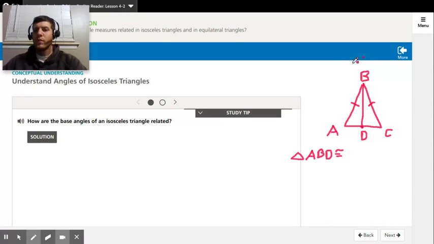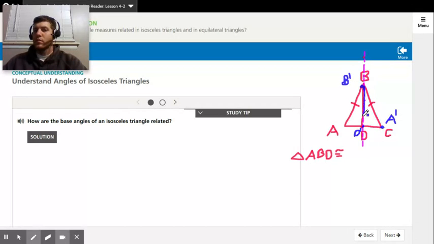So if we reflect along this perpendicular bisector that we drew in, since we made D halfway between A and C, when we reflect A over that line, A prime would be on top of C. D prime would stay on D, right? That's on the line of reflection, so it's not going to move. And then B prime would be right on B.